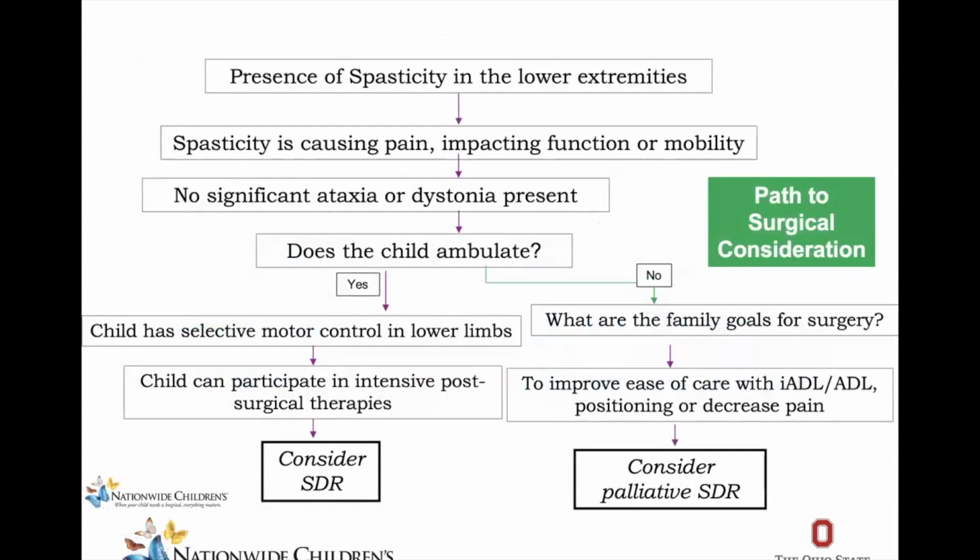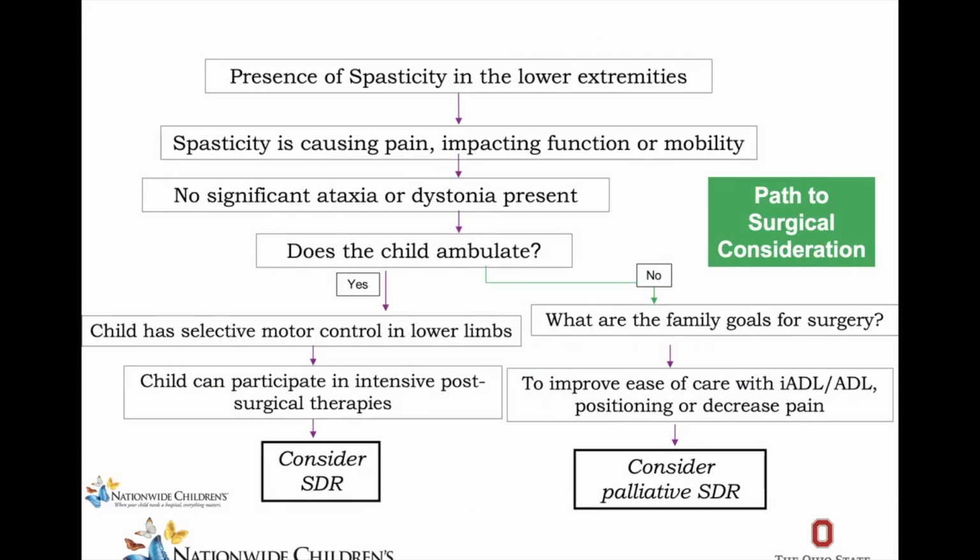This is a very busy schematic showing how we arrive at the decision for surgery. Is the SDR considered? Is spasticity causing pain or impacting function or mobility? Is there any significant ataxia or dystonia present? Does the child ambulate? If no, what are the family goals? Is it to improve care? We consider what we call a palliative SDR.